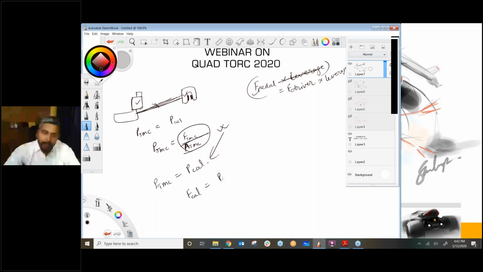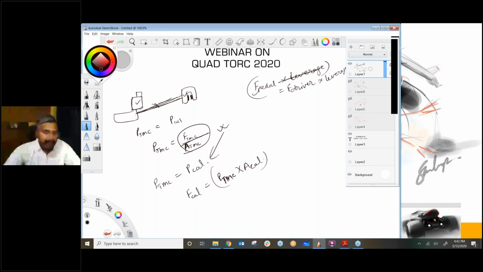This is what we have calculated. Now suppose you are designing the brake for the rear of your vehicle, and suppose you have one rigid shaft on which one rotor is working to stop the brake.